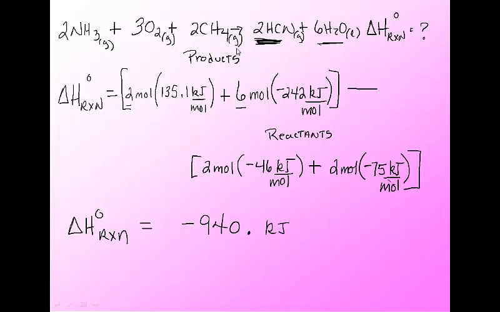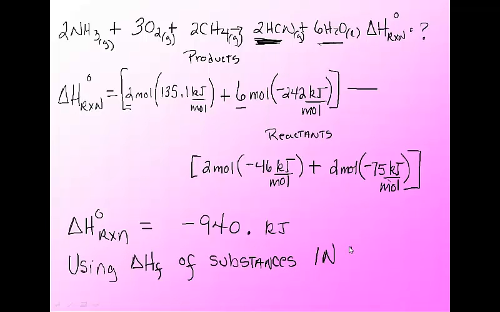This is an enthalpy change of a chemical reaction. I'm using the heats of formation of the substances in the chemical reaction to calculate the enthalpy change of the chemical reaction.